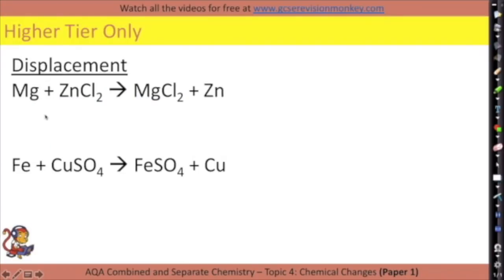But let's have a look at displacement. We'll look at the elements that are changing between ions and atoms. So in this case, we've got a magnesium atom, and now it's bonded, it's now an ion, so that's going to be changing. We've got a zinc ion, which is changing into a zinc atom, but the chloride ions are staying the same.